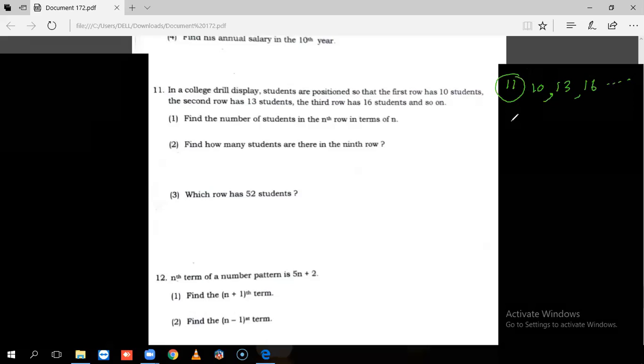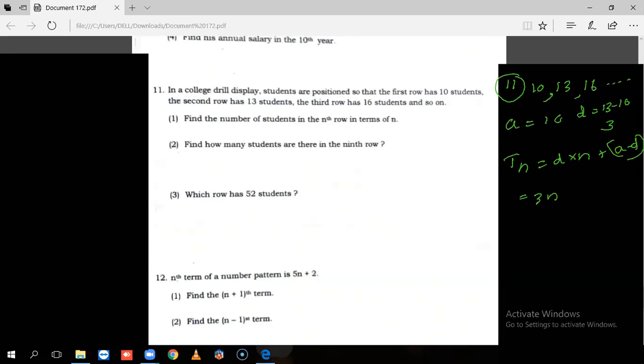In a general term, the first term a is 10, the common difference is 13 minus 10, that is 3. The general term equals dn plus a minus d, so Tn equals 3n plus 10 minus 3, which is 7. Then the general term Tn equals 3n plus 7.